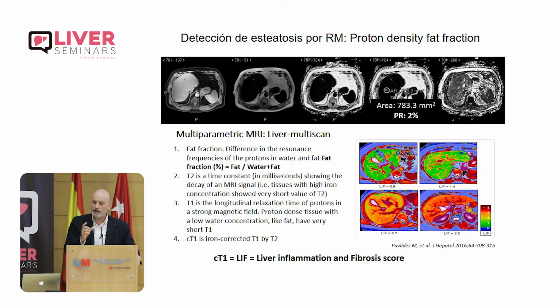T1 mapping gives you an image of the T1 of magnetic resonance, and you again need to correct by T2 and exclude iron, exclude any noise, and this corrected T1 is the LIF, the liver inflammation and fibrosis score, which is the output of this method. You can use it in clinical practice in a manner quite similar to FibroScan. It's a continuous variable, and you can demonstrate if it decreases with the treatment or increases during the follow-up.